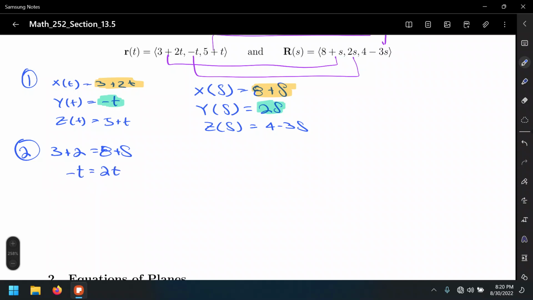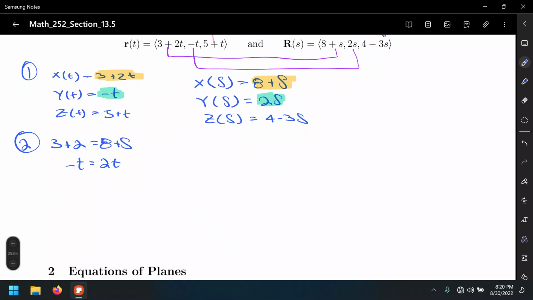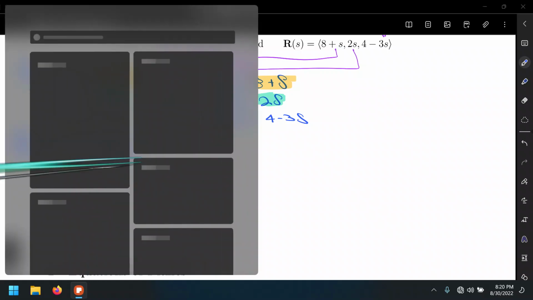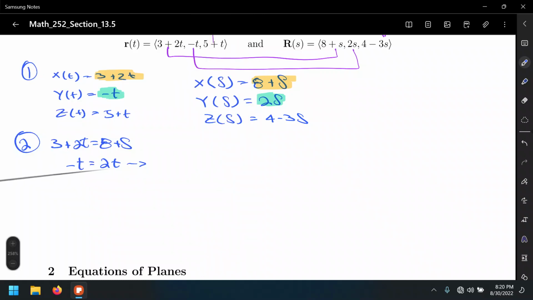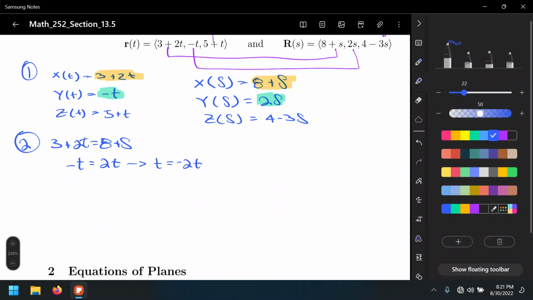If we observe this system, we can easily solve for t over here. Yes, I'm missing the t here, right? So t equals negative 2s. Let me highlight so you can see what I'm going to do.